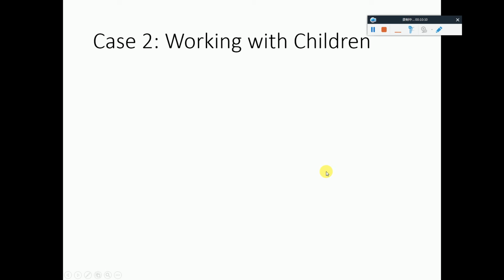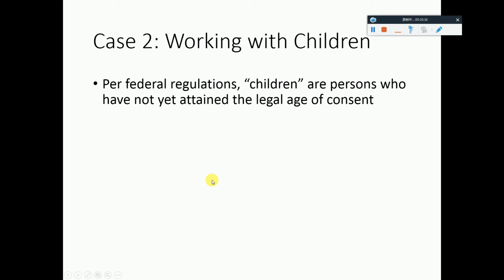The second case we're going to talk about today is working with children. Again, similar to prisoners, the federal regulations have a very clear definition of who counts as children. Children are persons who have not yet attained the legal age of consent.